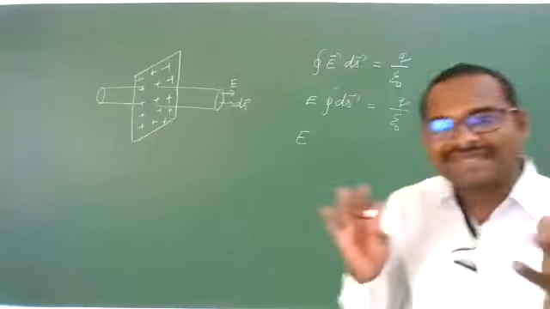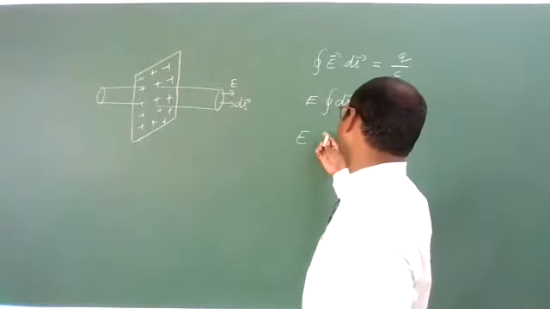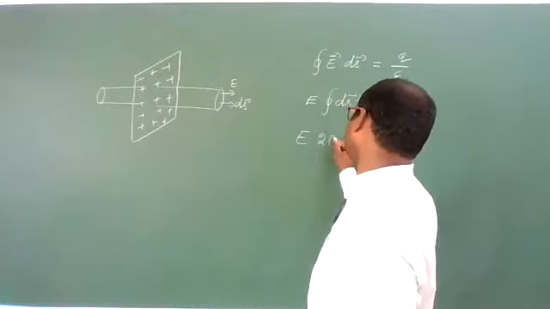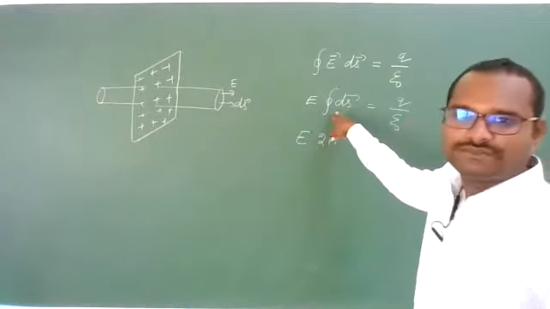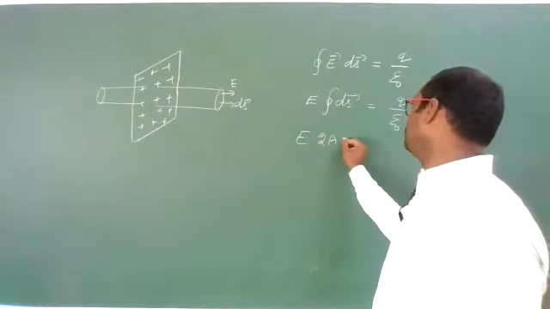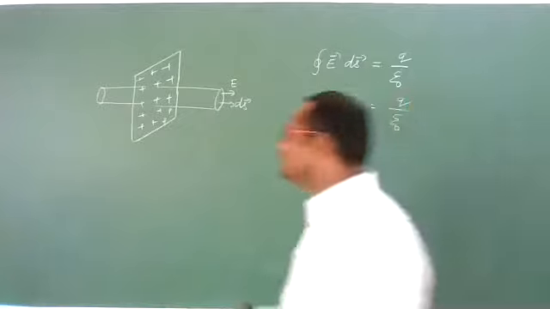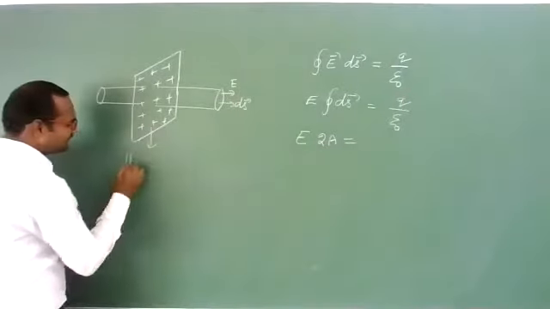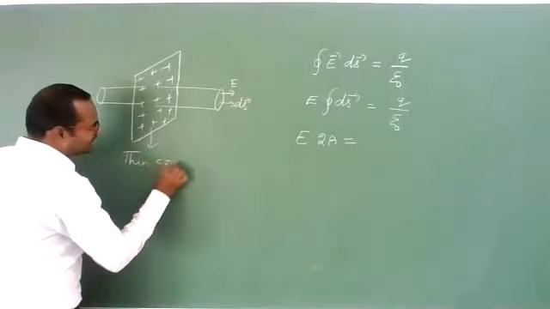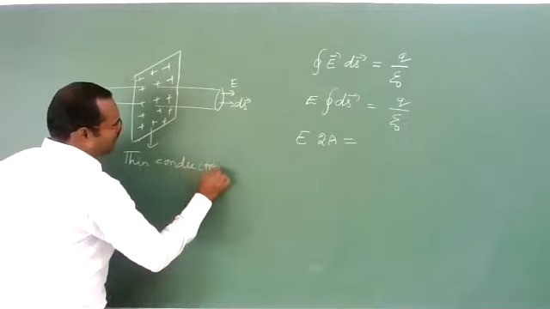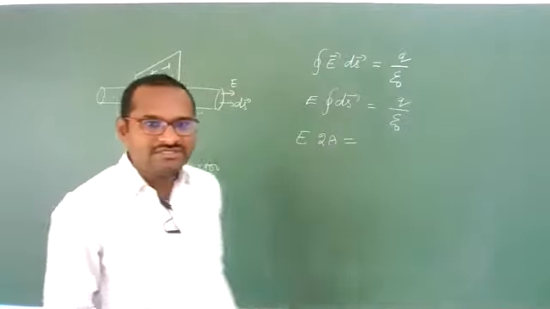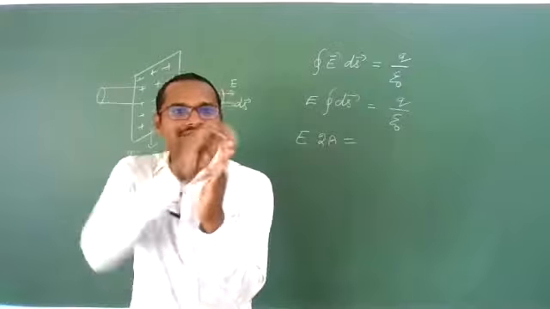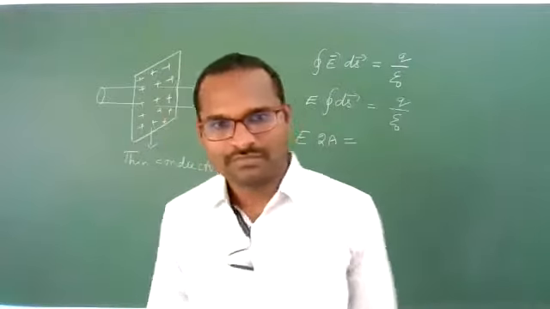So E into the surface integration on this side and on this side, which means two areas are there. So we can write 2A here, 2 times the area. That is equal to, now, what I have considered is a thin conductor. See, conductor is there, which means on that sheet, charge will be on two sides.